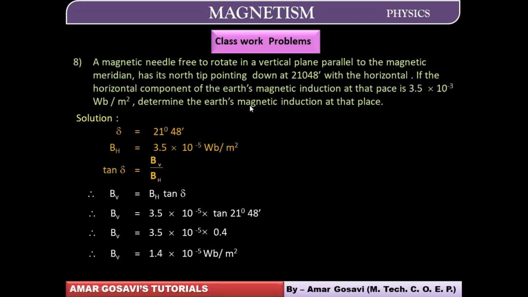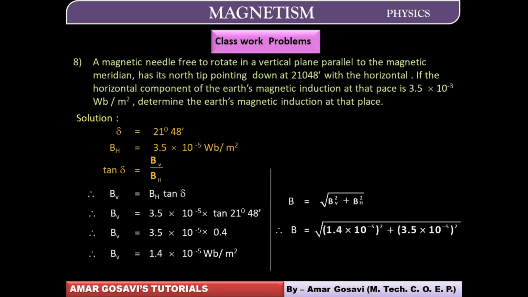So we can find out the Earth's magnetic induction at that place. Just now we have derived the equation: B equal to root of BV square plus BH square. Take these values and substitute. When you substitute and solve it, ultimately you will get the answer for the Earth's magnetic induction at that place equal to 3.769 into 10 raised to minus 5 Weber per meter square or Tesla.